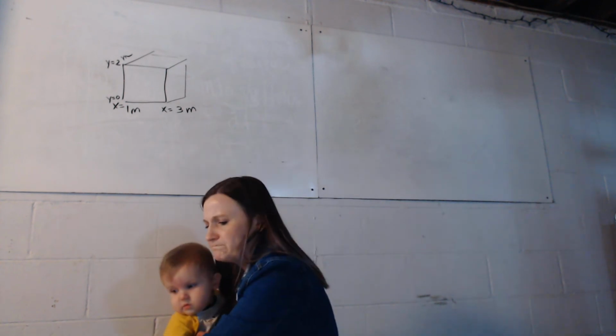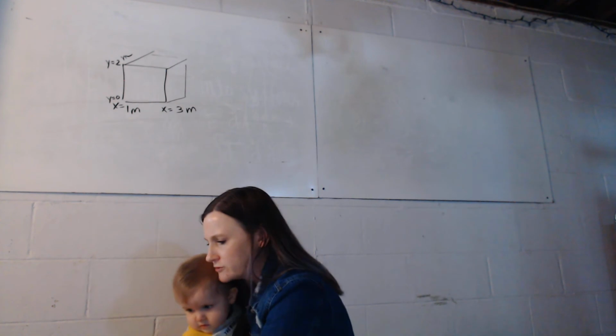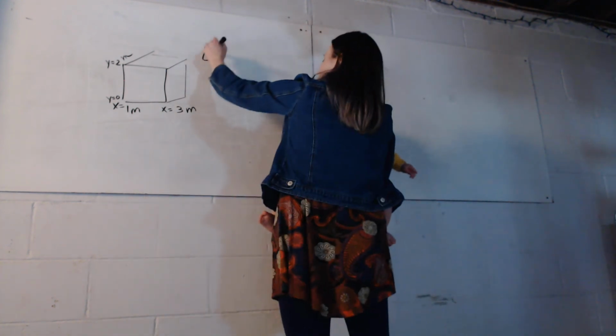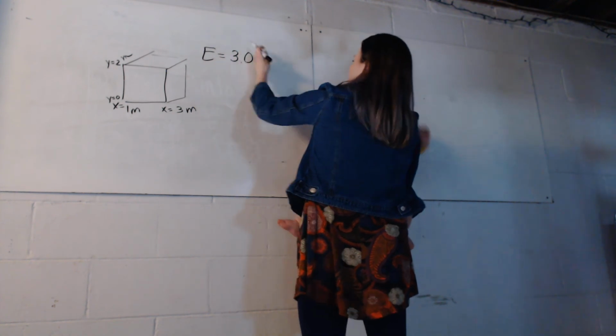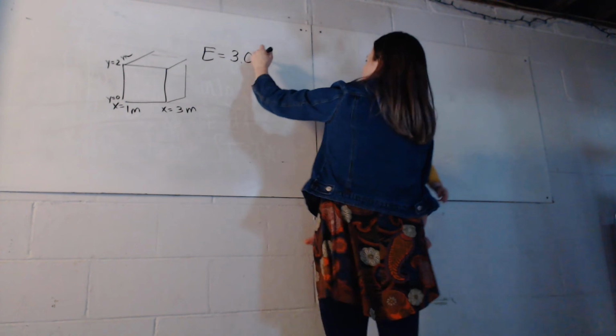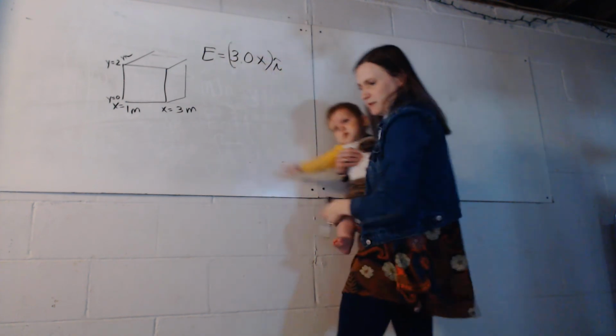The book's right here. It has a change in electric field. It says a non-uniform electric field given by this function, E is equal to 3.0x i plus 4.0 j. 3.0x, that's what makes it change.